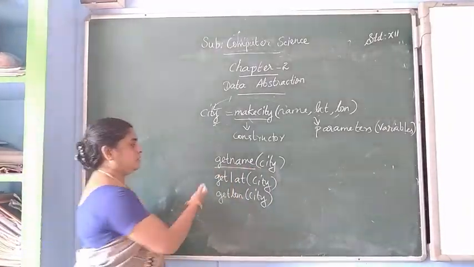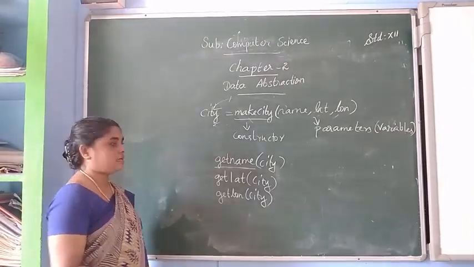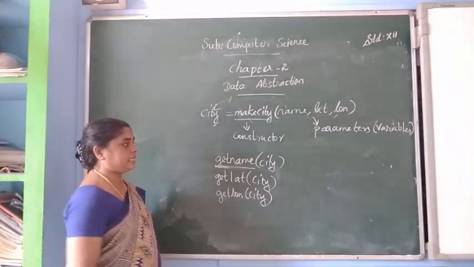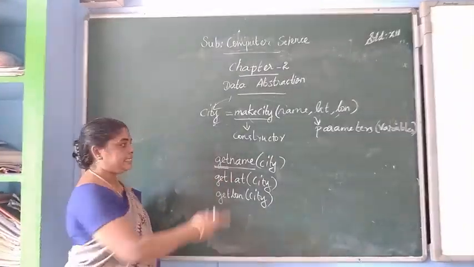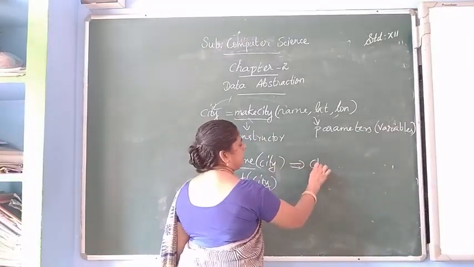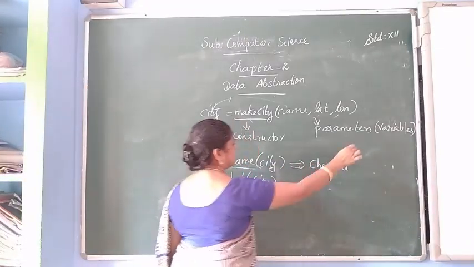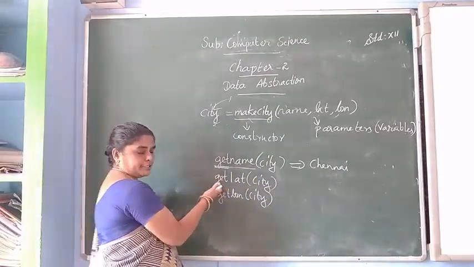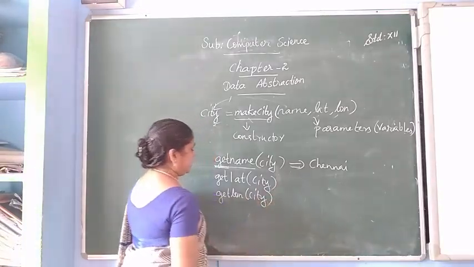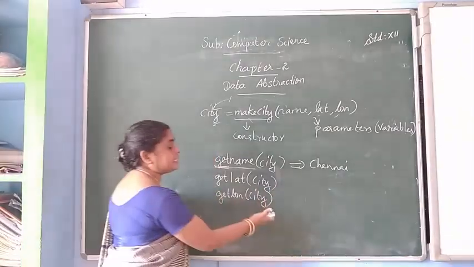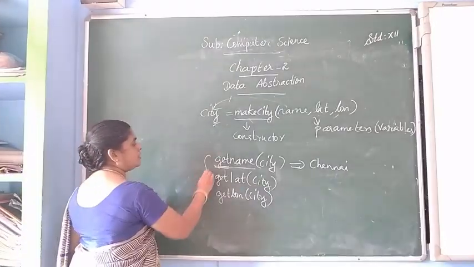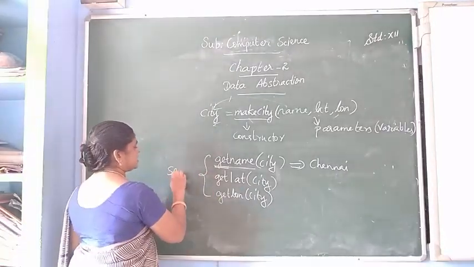Get means to gather the information. For what purpose are we using get? We have to gather the information. Here, which information is gathered? The name of the city. So we can give the city name, Chennai, like that. Then get latitude, so the location will be viewed. The next, longitude, so we will get the longitude. So this is known as selectors.